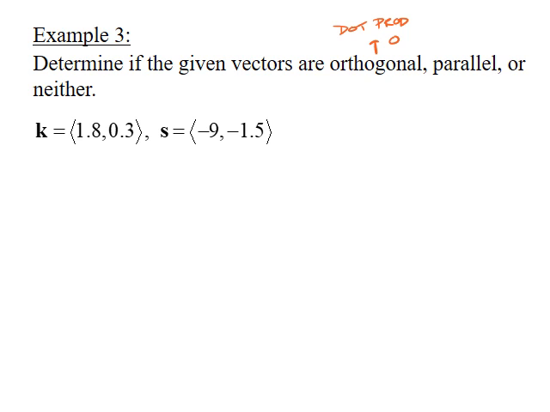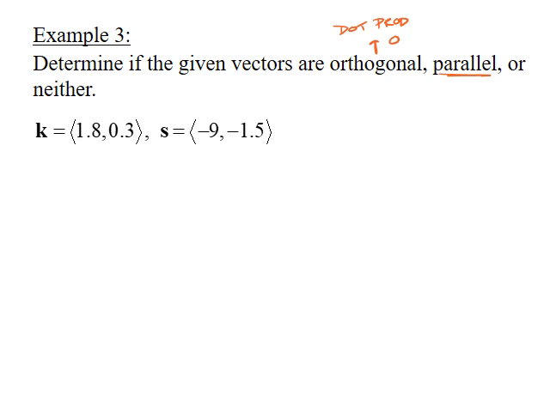If you get a dot product that is not 0, then you'll want to proceed, find the magnitude of each, then multiply those magnitudes together, and if it's the same as the dot product or opposite of the dot product, then they're parallel. If neither of these cases exist, then the two vectors are neither orthogonal nor parallel.